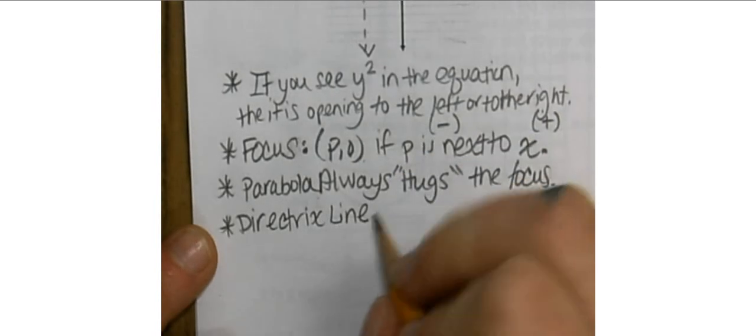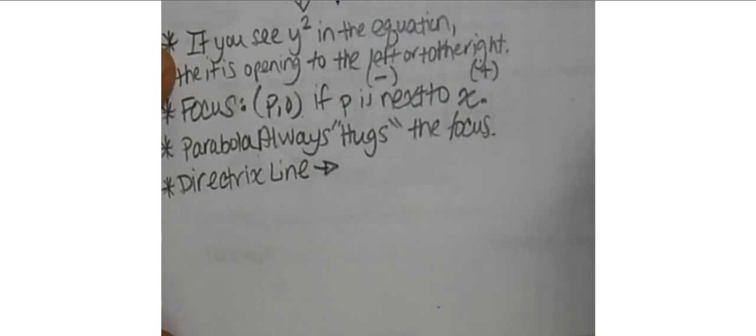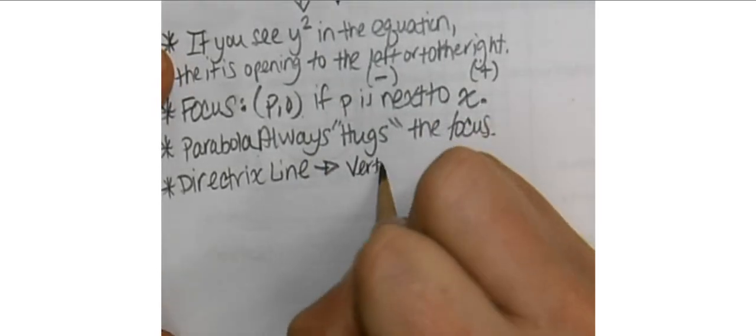And the way that we found it is it's equidistant away from our vertex as the focus point is. So if our focus point is 5 units to one side, our directrix line is going to be 5 units to the other side. These two distances need to be identical and the same. So our directrix line is going to be a vertical line.